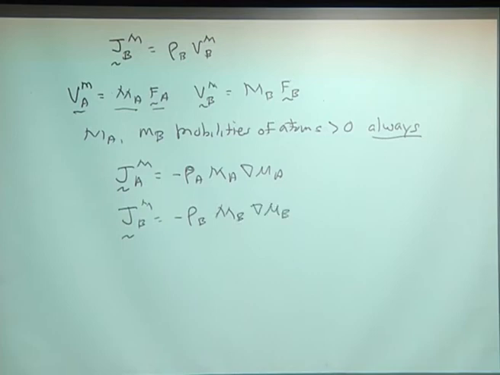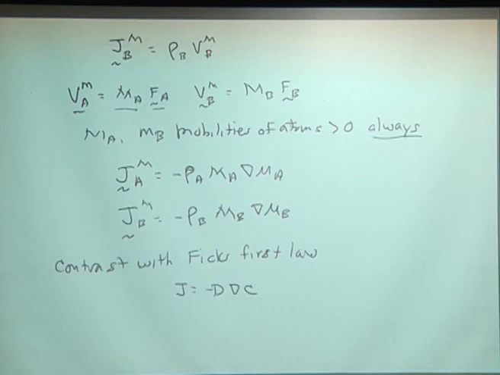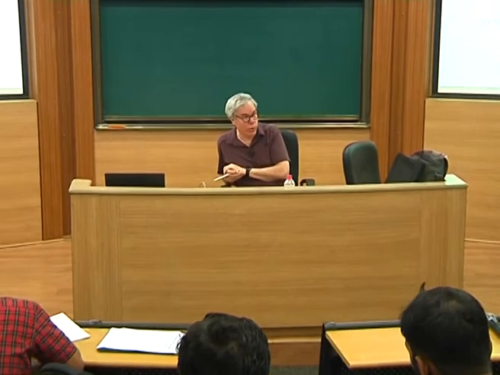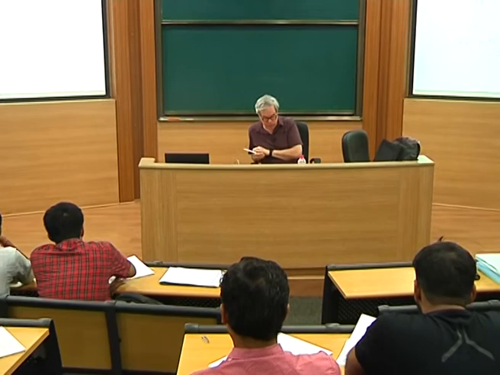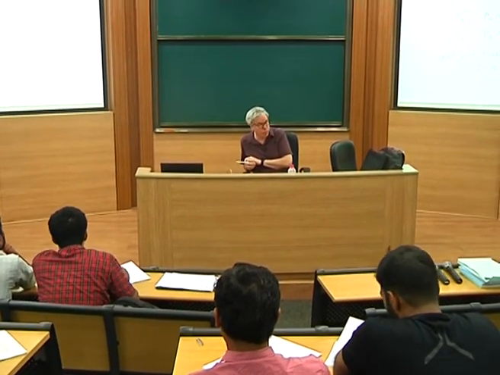Okay, so I want to contrast that with Fick's first law, which says that J is equal to, you've probably all seen this, J is equal to minus D times the gradient of C. So you write Fick's first law. Is J the flux of A, or is it the flux of B when you write Fick's first law? D is a diffusion coefficient. How is it related to the mobilities?